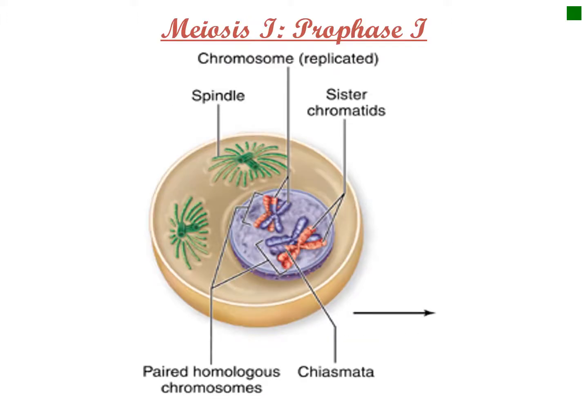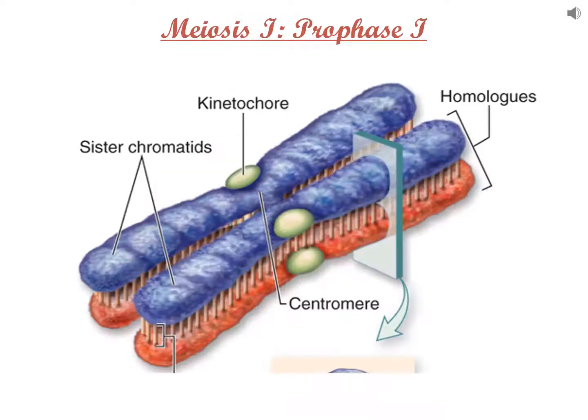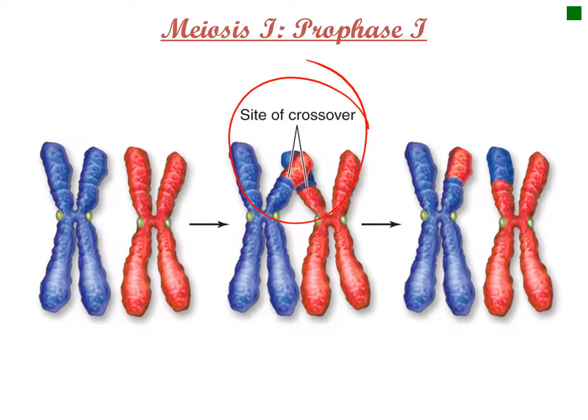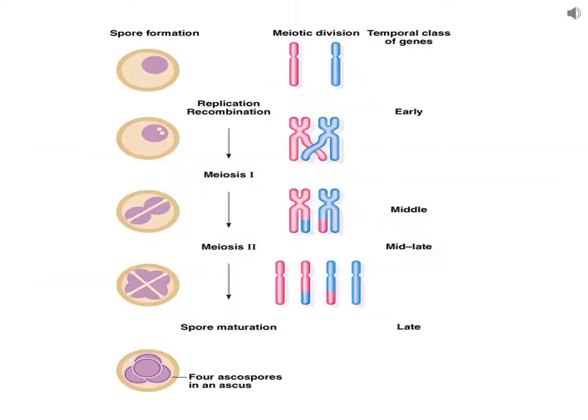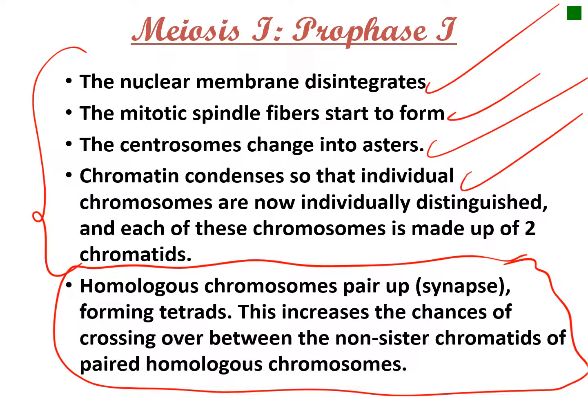So let's start with meiosis I. Prophase I, here we have crossing over or synapsis. Here the nuclear membrane disintegrates, the same as mitosis.